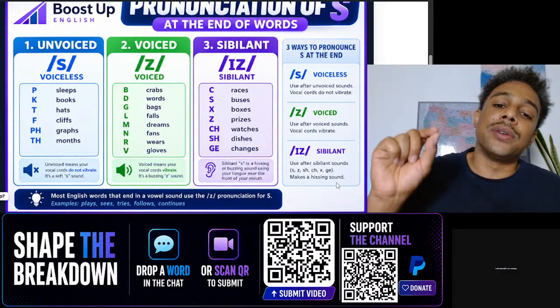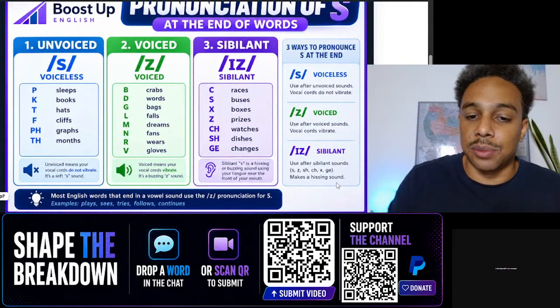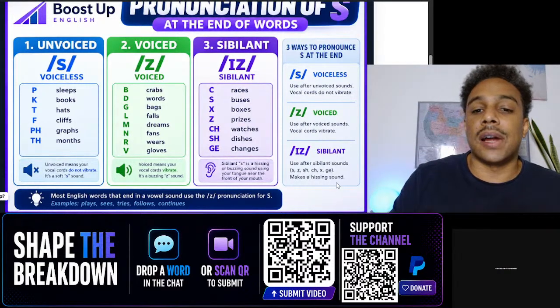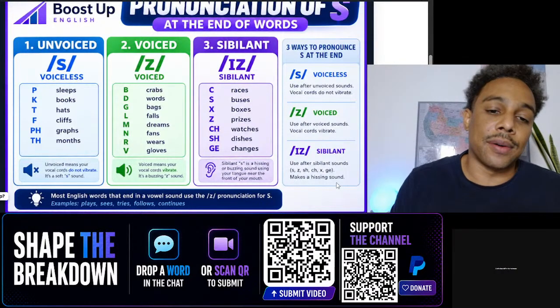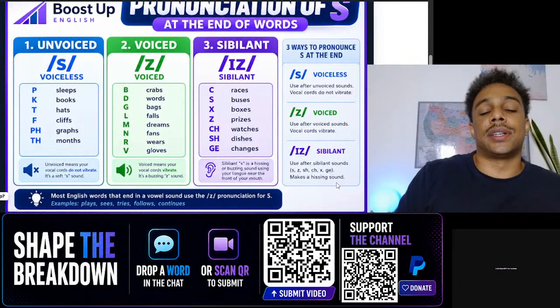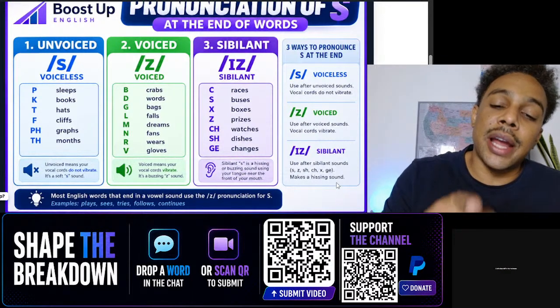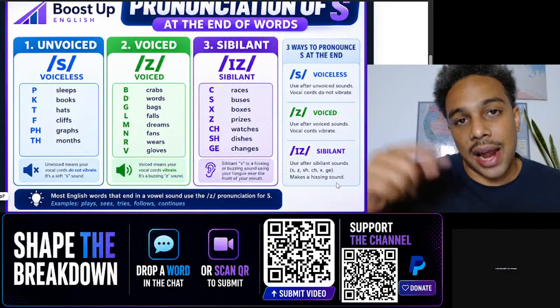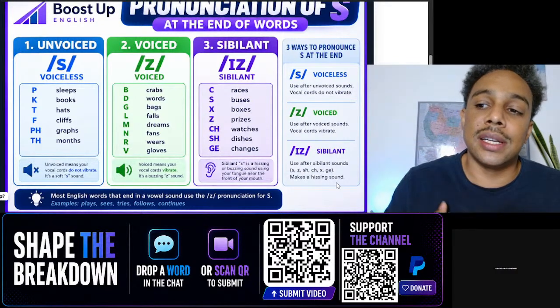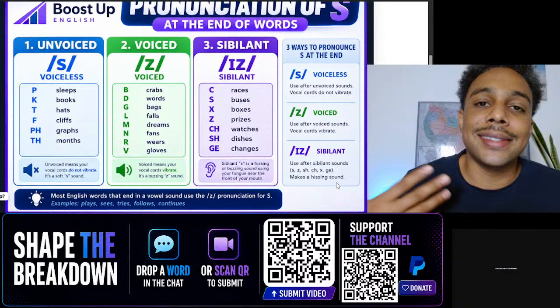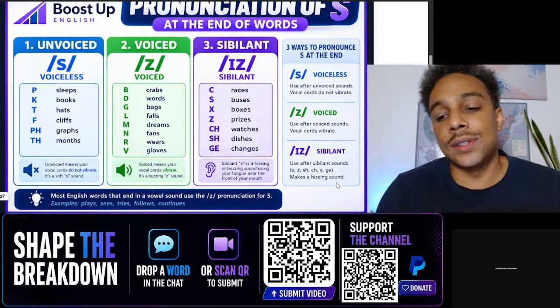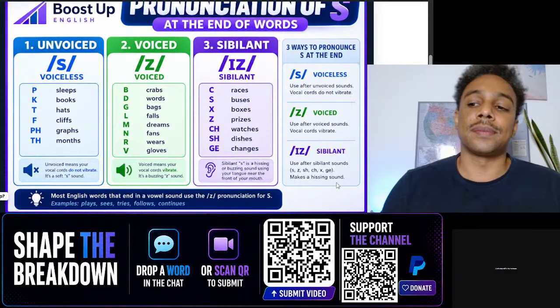So now what we do is we add the extra syllable. I think that's easier to understand, right? But you've got to make sure when you add the extra syllable, it's vibrating as well. If you say s, it's just not going to be effective.